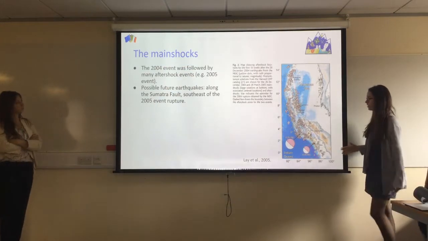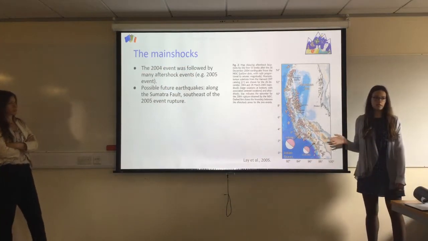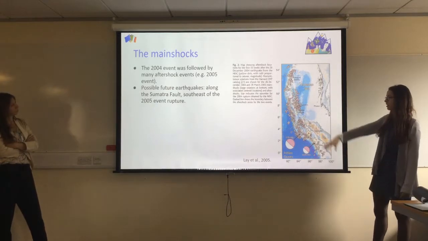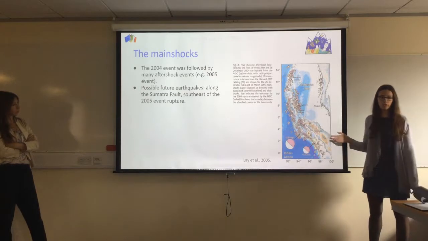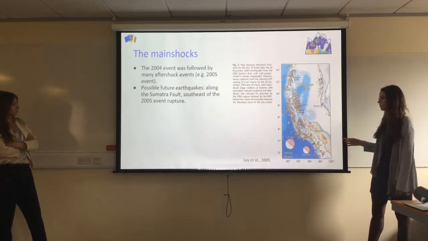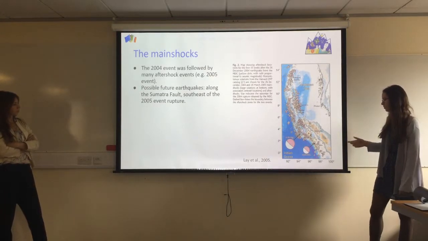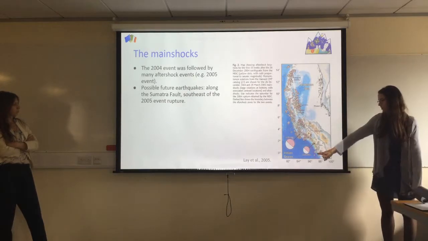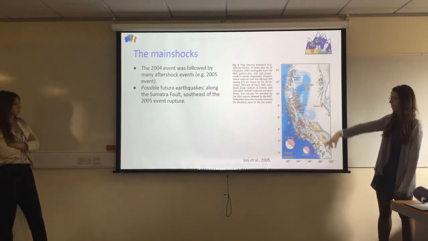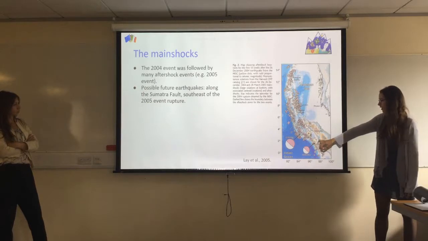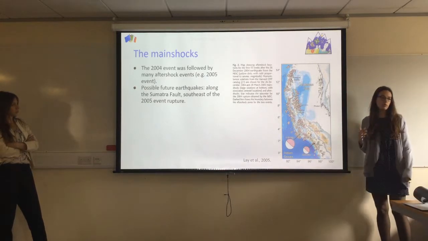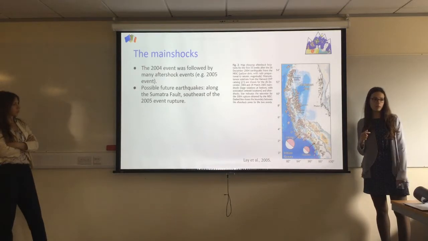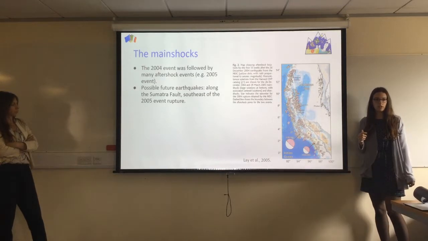Here we can see that this area is really active, and these are all the aftershocks. There were plenty of aftershocks after the event in 2004, and particularly a huge event in 2005. Here we can see all the focal mechanisms and the epicenters. We talked about earthquake forecasting a few days ago.